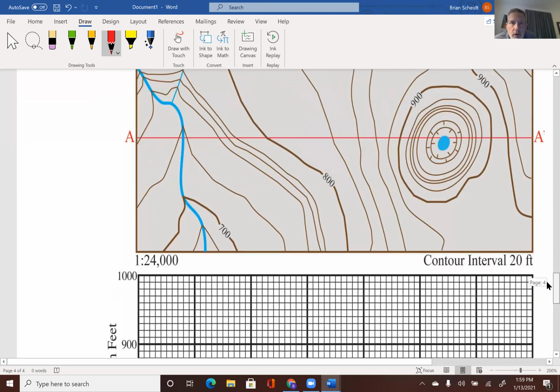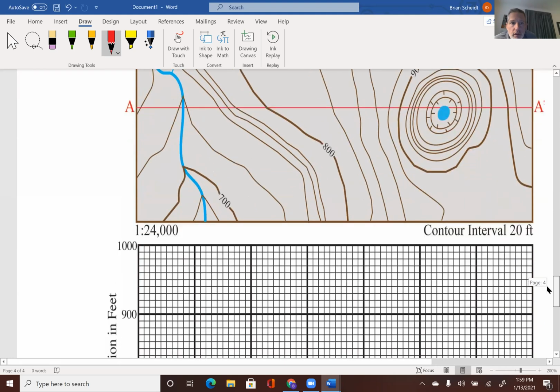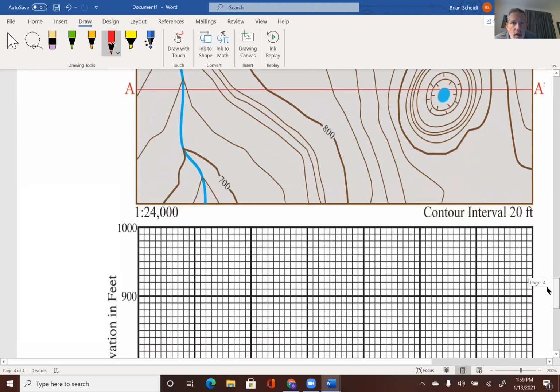move my screen down ever so slightly, try to fit this both on the same page. You'll notice that on my 800 line, or my 900 line, I can do that one nice and easily on this screen. It's right there. I would go straight down and put a dot. My 900 line, straight down and put a dot. And I would do the same thing over here.